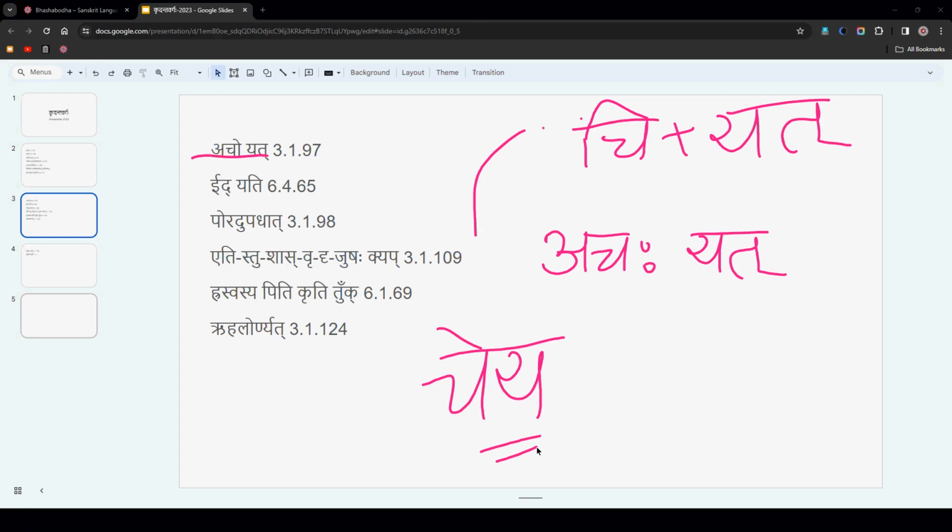So that is cheyam. Here, whether to use nyat, kyap or yat, ultimately we want this form, cheya. So one of these could be added, but the Ashtadhyayi says that if a dhatu is ending in ach, one of the swaras, then we use yat.